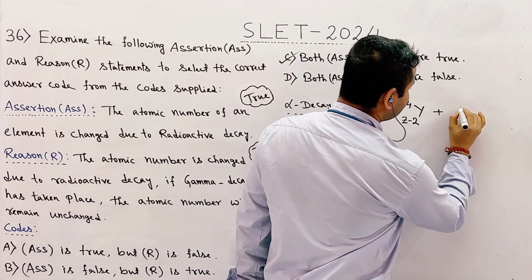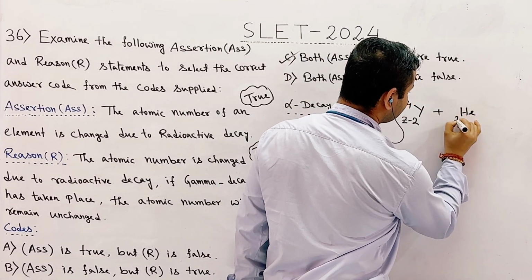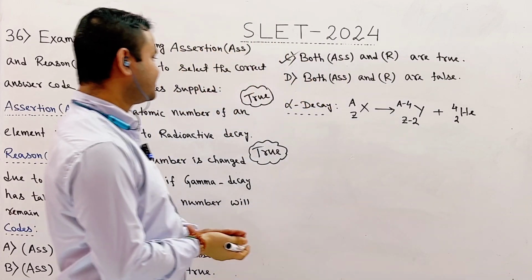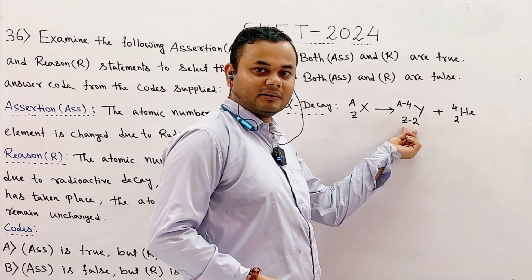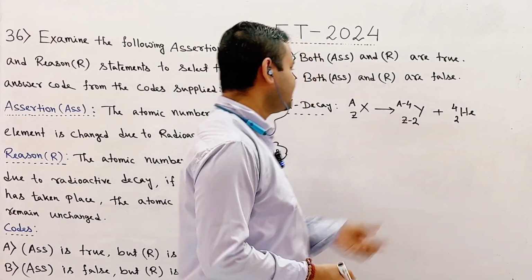Next one is alpha particle or helium nucleus. So, here we have seen that in case of alpha decay, the atomic number is decreased by 2 units.